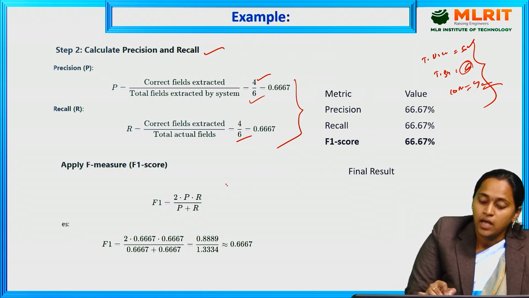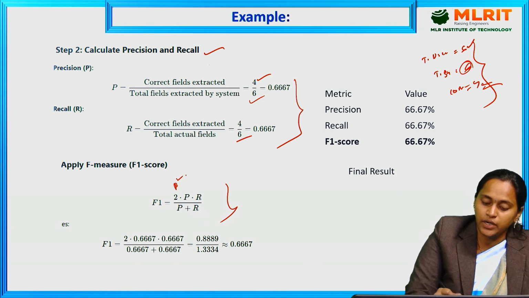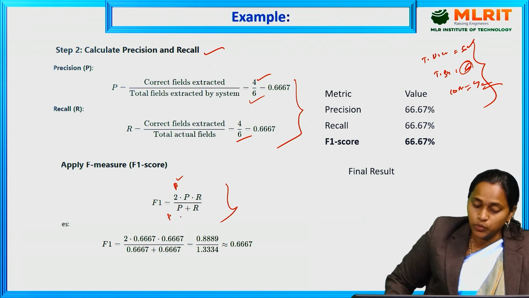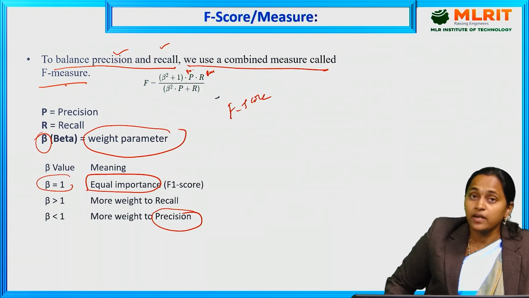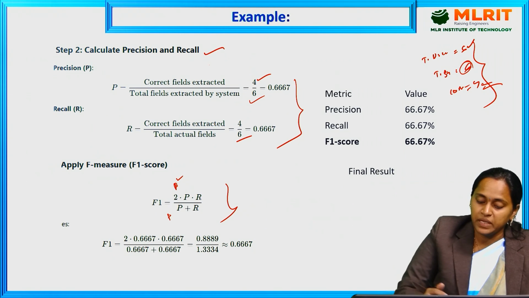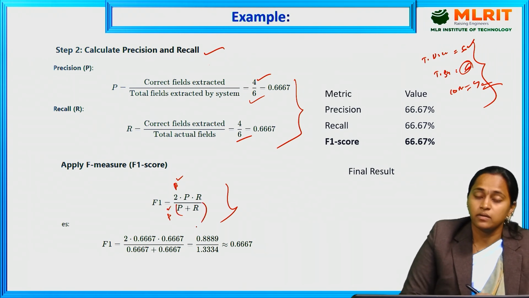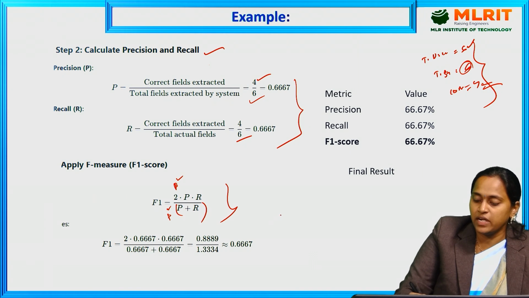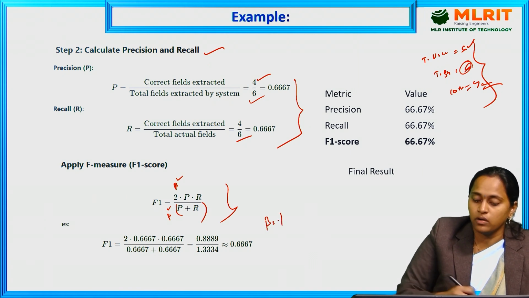The F1 formula is F1 equals (1 plus beta squared) times P times R, divided by beta squared times P plus R. Here beta squared is 1, which gives equal weight to precision and recall.